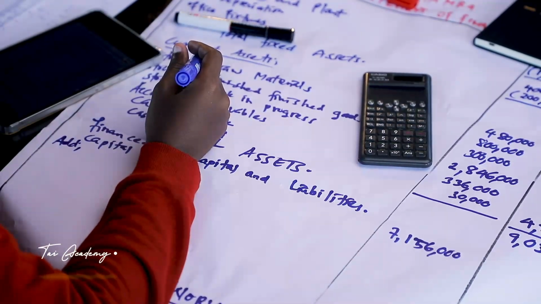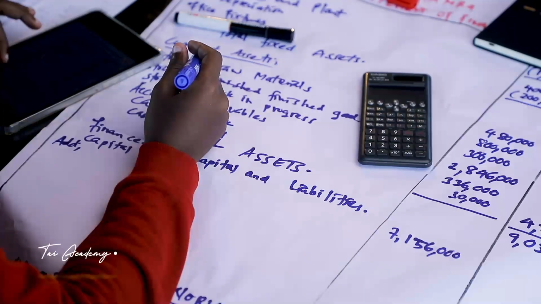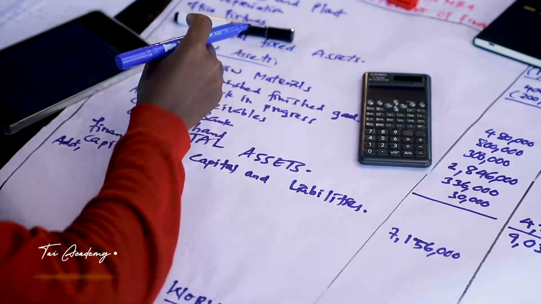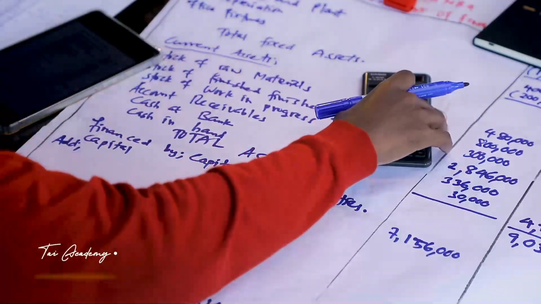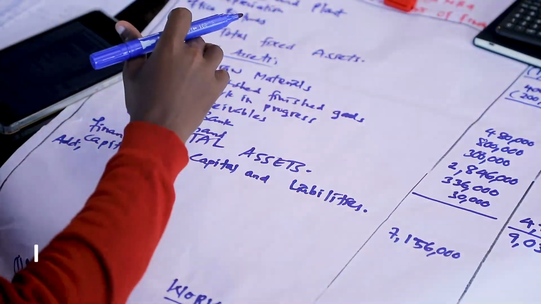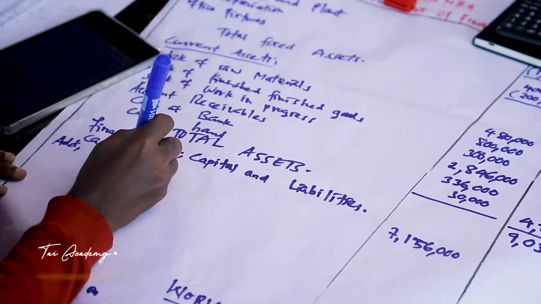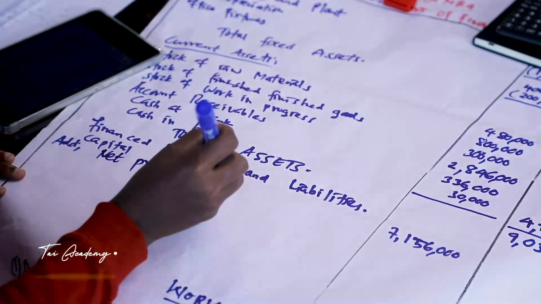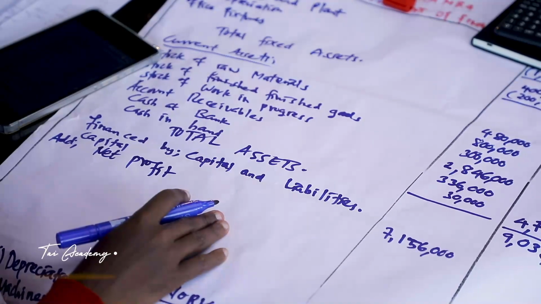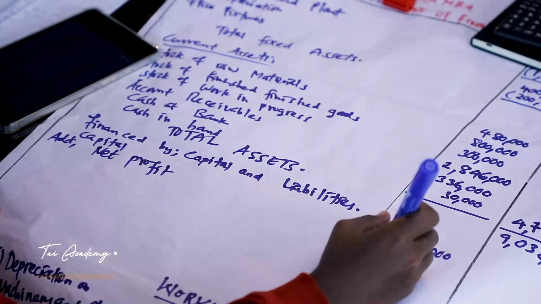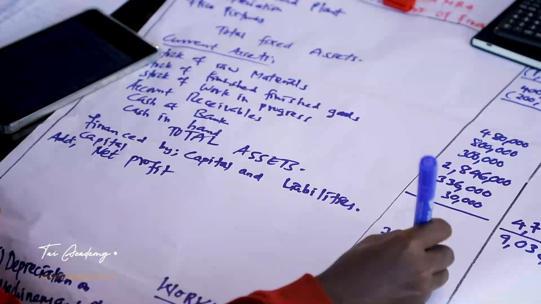So the net profit hapa tulipewa kwenye Roman 4 we had net profit, lakini some questions hautapewa net profit, so utabidi ufungue ile manufacturing income statement ili ukalculate net profit. Kwa hiyo hapa net profit tulikuwa nayo, kwa utaiweka tu hapa net profit ambayo tulipewa ni milioni 1,796,000.